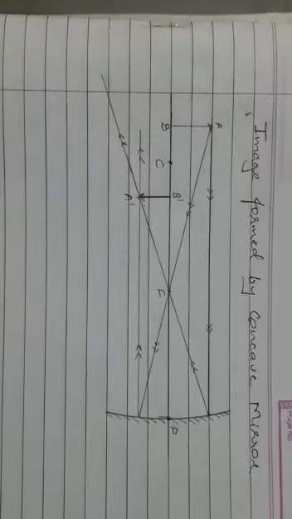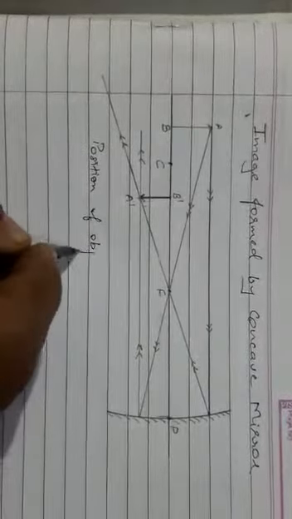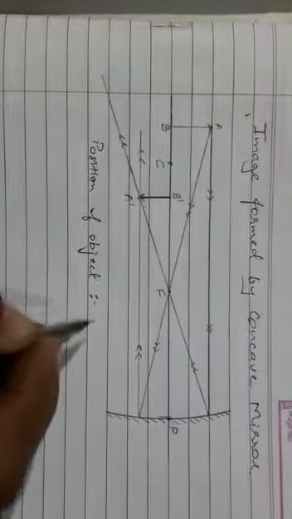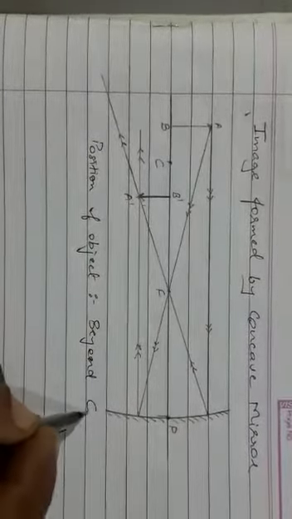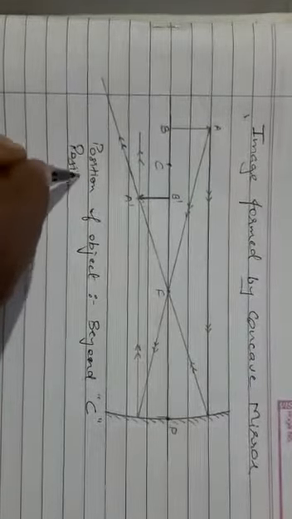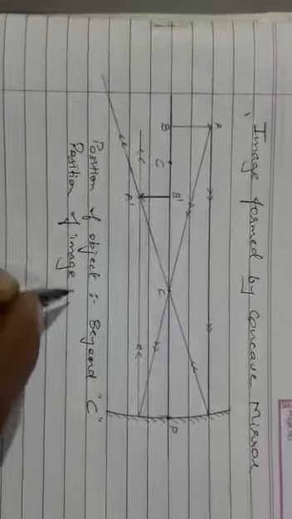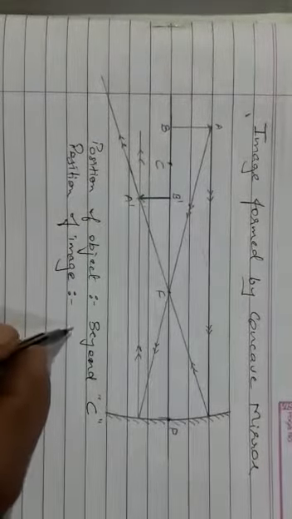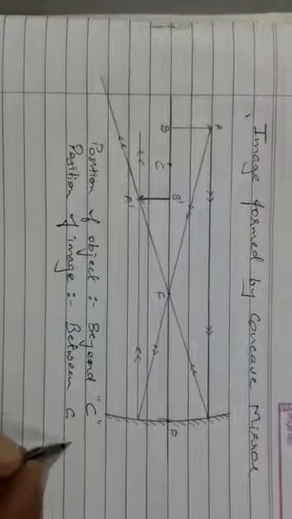So as we are writing, the position of object: here the position of object is beyond C, that is center of curvature. And the position of image: you are having it between C and F, right?